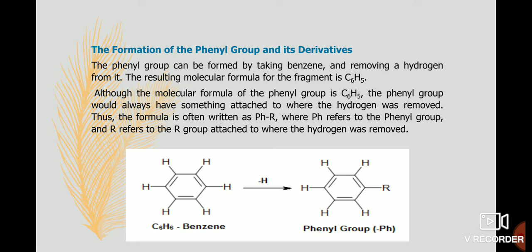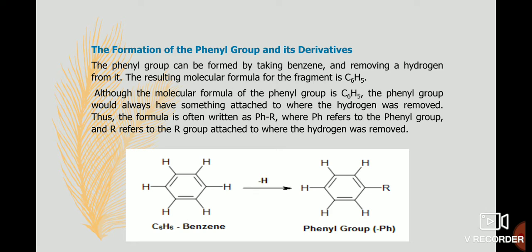We know that the molecular formula is C6H6 for benzene, and if we remove one hydrogen atom, we have the fragment C6H5. Now this resulting species is known as the phenyl group.